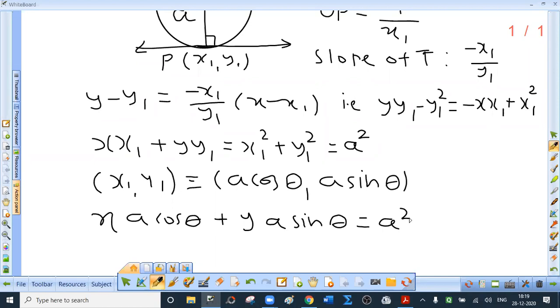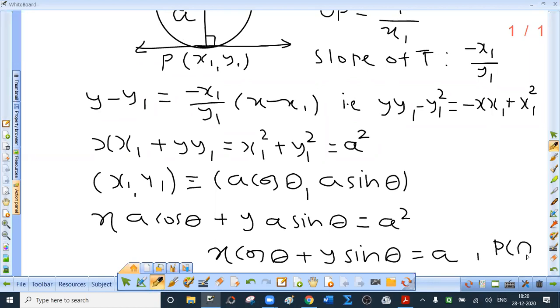Rearrange the terms, that is divide by a to get x cos theta plus y sin theta equal to a. This is equation of tangent to the standard circle at which point? This point is represented by P of theta. We have discussed this. At a point P of theta on the circle. I hope you understood this.